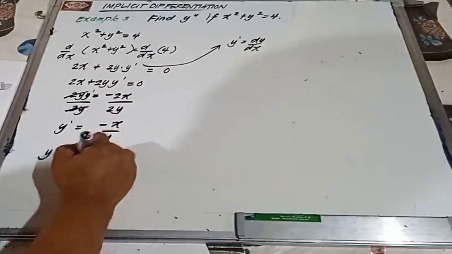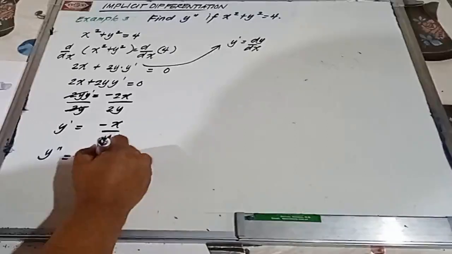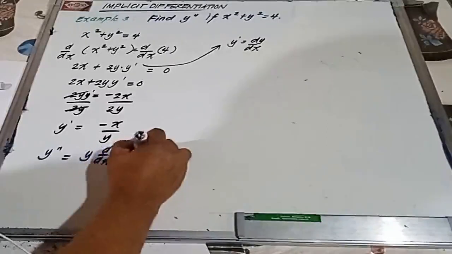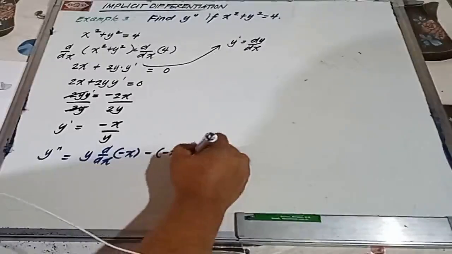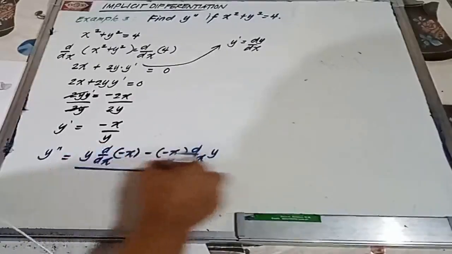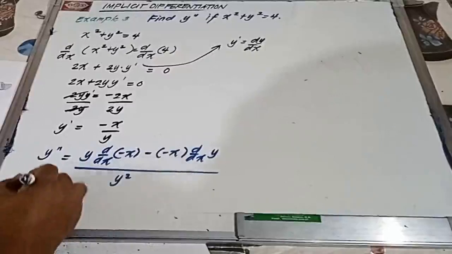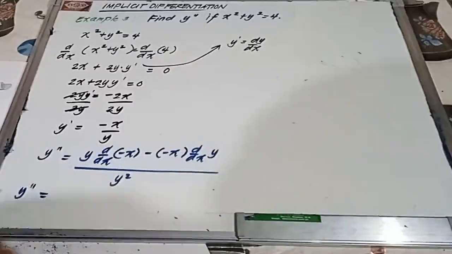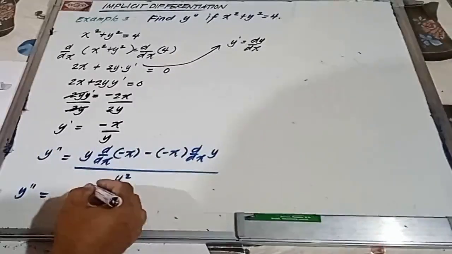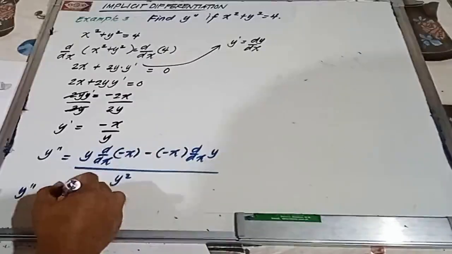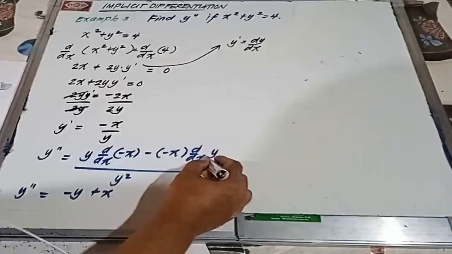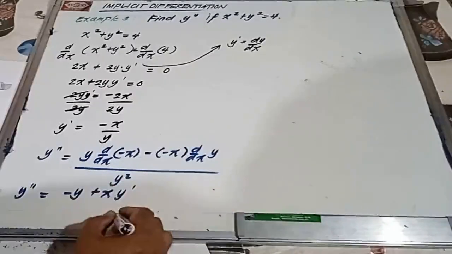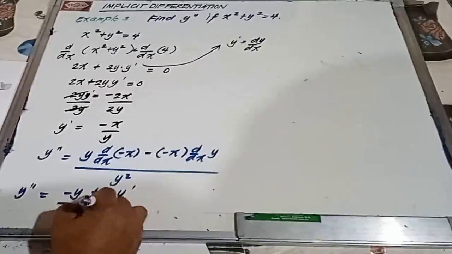So, y times derivative ng negative x, minus negative x times derivative ni y, all over y squared. Okay, so we have y double prime: derivative of negative x is negative 1 times y is negative y, that is positive x, dy over dx is y prime. Okay, all over y squared.